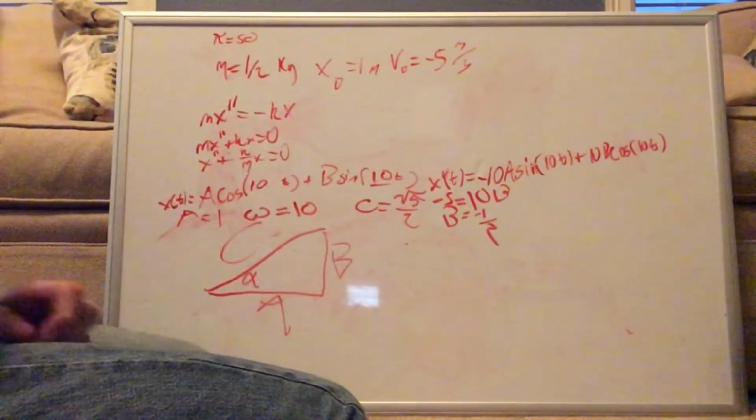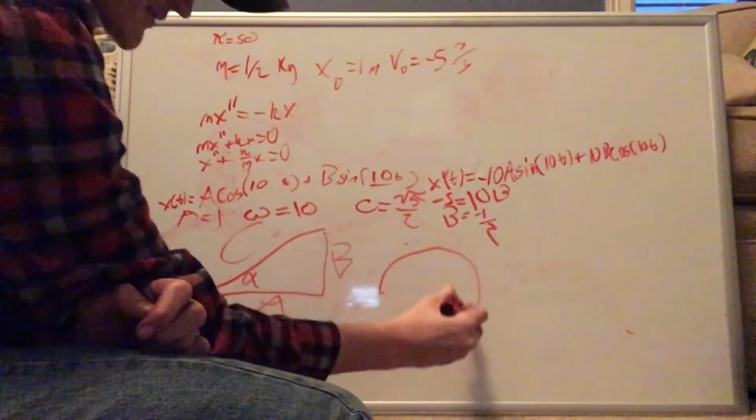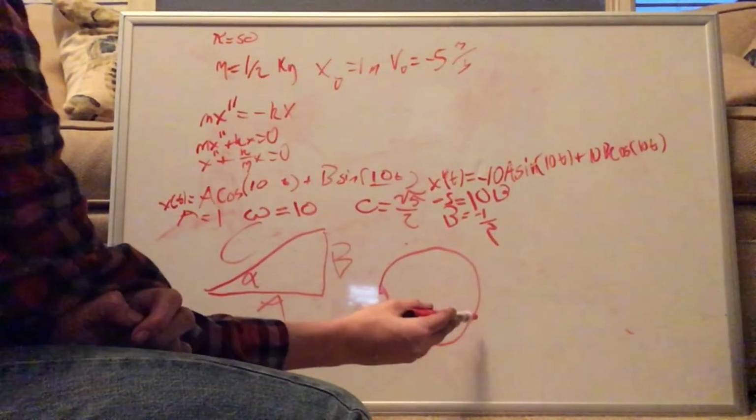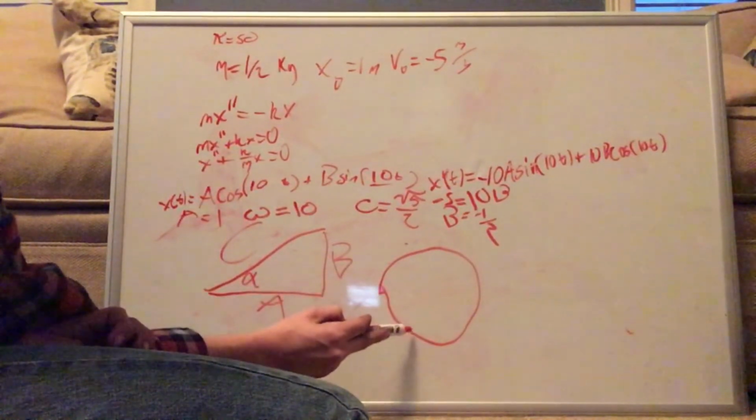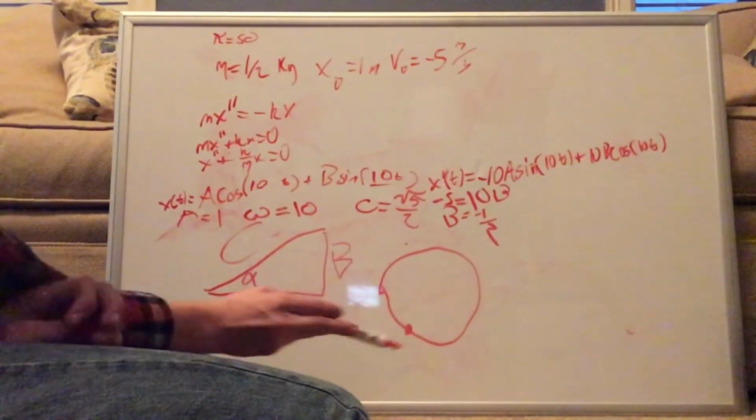If I had the arctangent of negative 2, I'll draw another unit circle. Pi over 2 is, okay, so negative 2, that's somewhere around there, right?